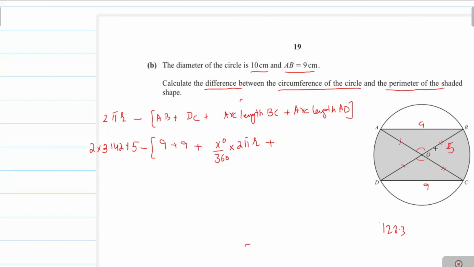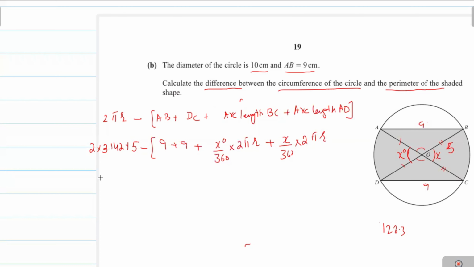You see here the angle subtended by arc length BC is x degree. Therefore, the angle subtended by arc length AD will also be x degree because these are vertically opposite angles. Therefore, we write x degree over 360 multiplied by 2 pi r.